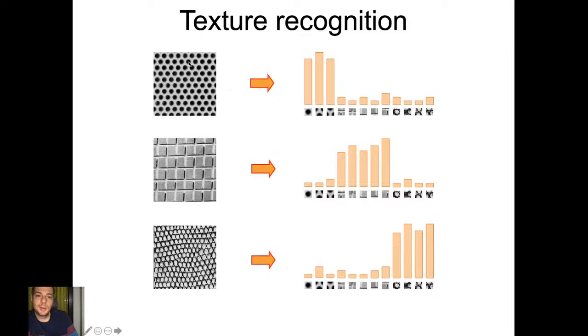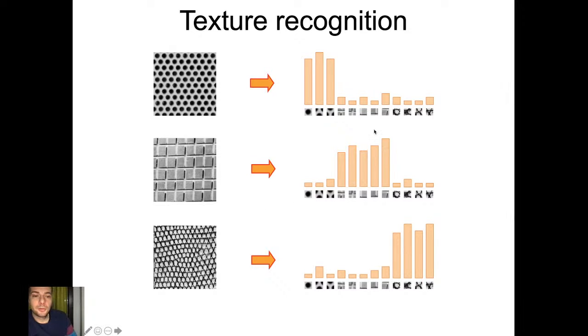So then when we measure the histograms of frequencies, we expect the histogram for this texture to be biased and to have more occurrences for these textons.